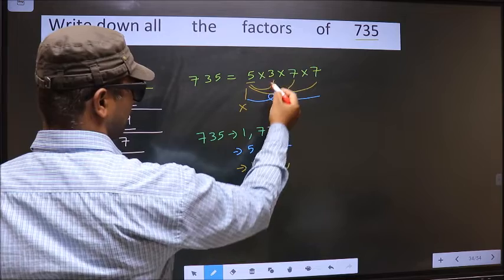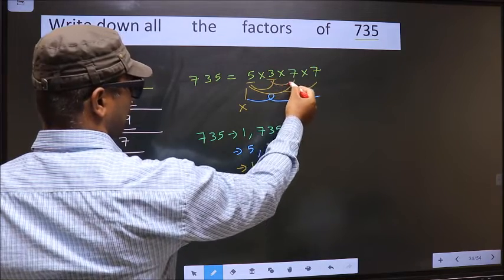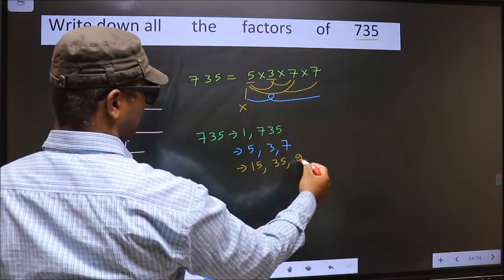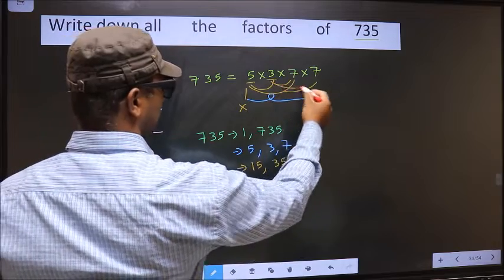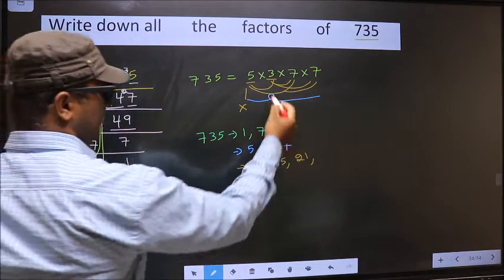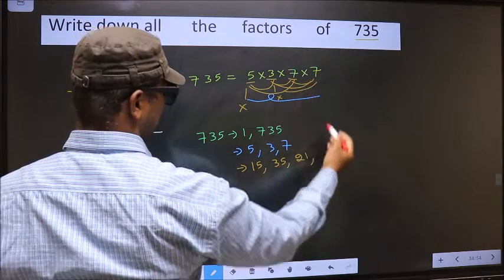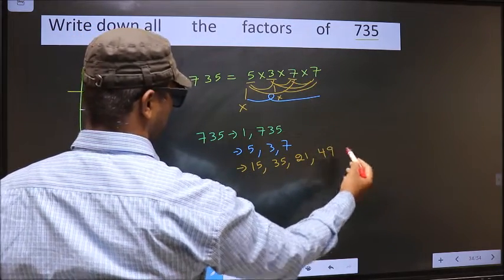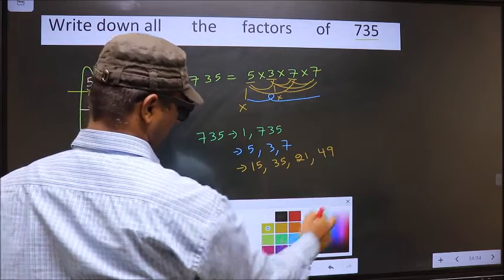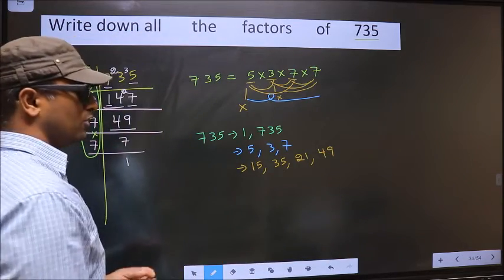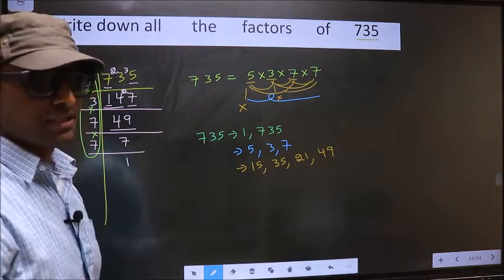So leave 5, fix 3. Combine with 7. 3 into 7, 21. If you combine with this 7, then also the same. Now leave 3, fix 7, combine with 7. 7 into 7, 49. No other combinations possible.